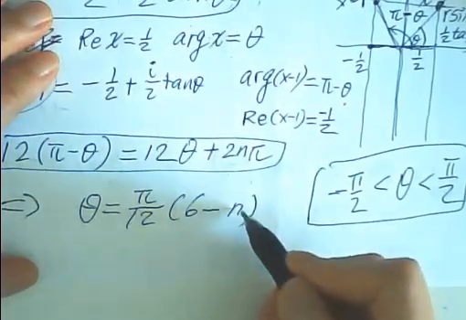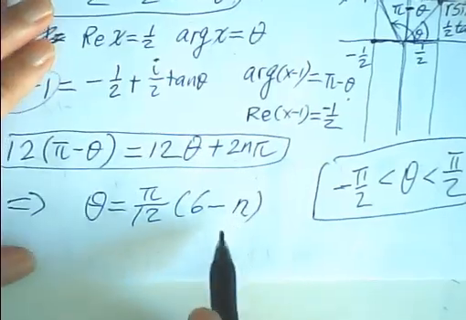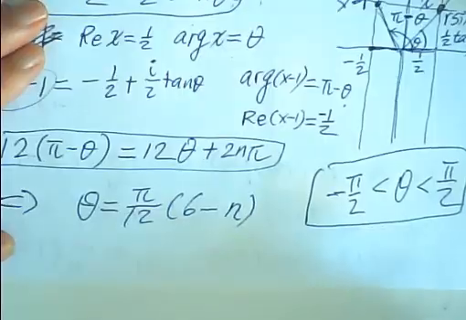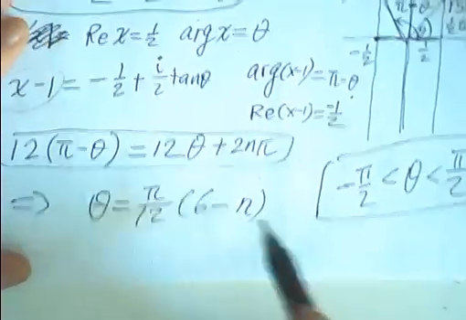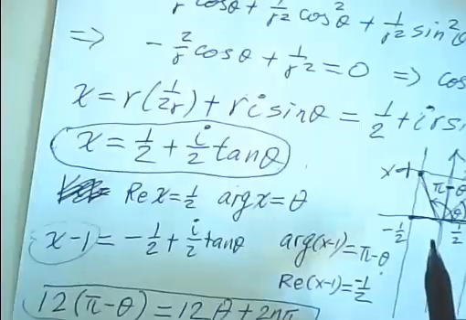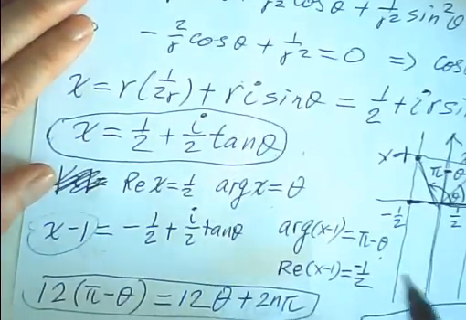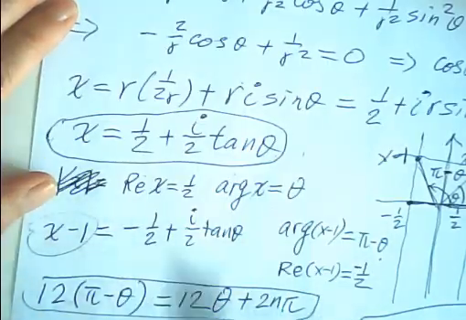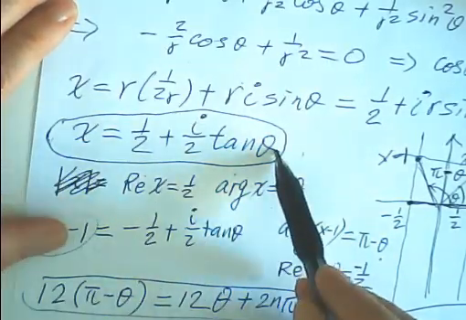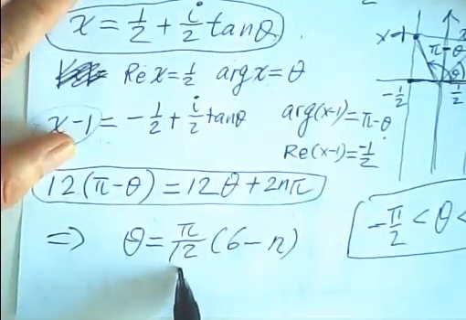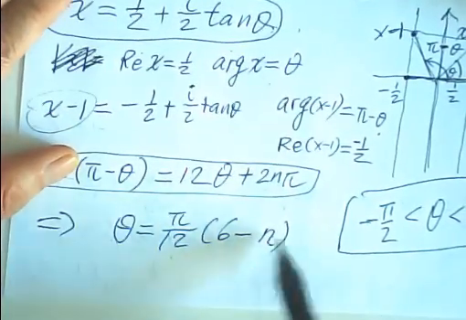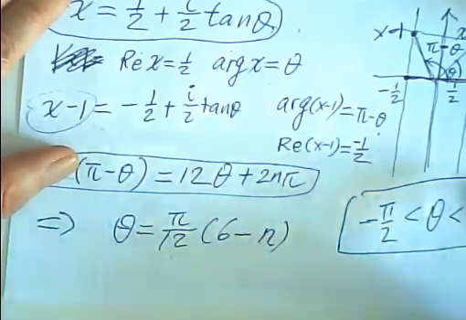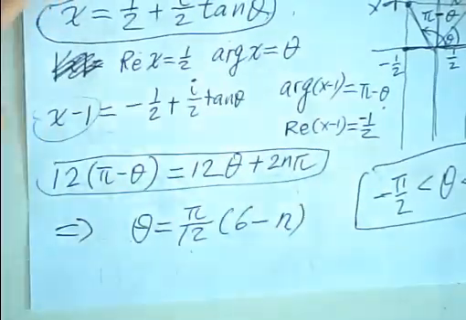So we choose those n, and that will be our theta. So we are looking for x, which means we are looking for theta. Theta is coming from n, and as long as it satisfies this.